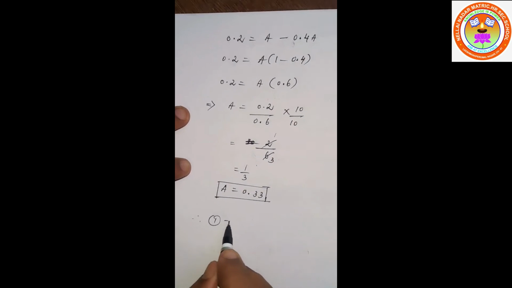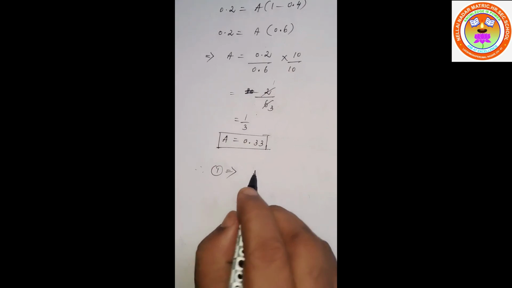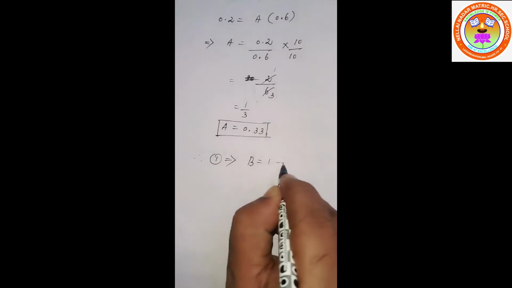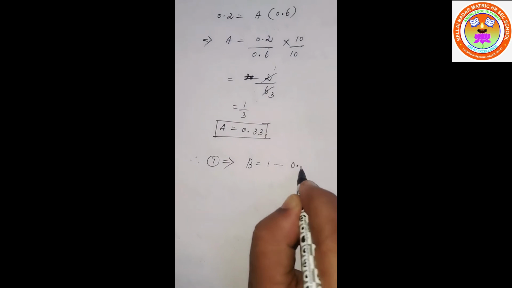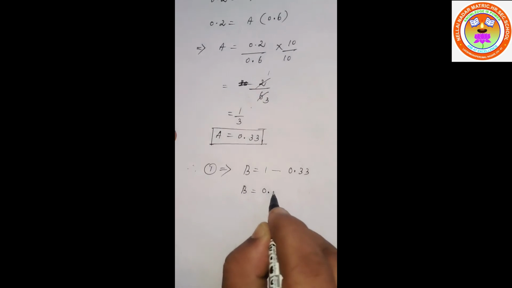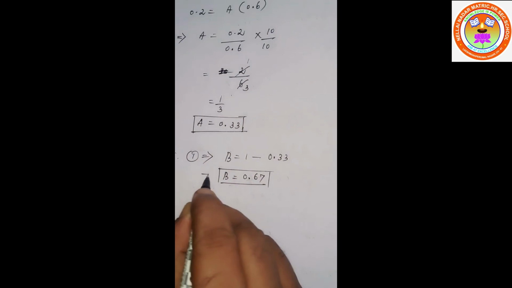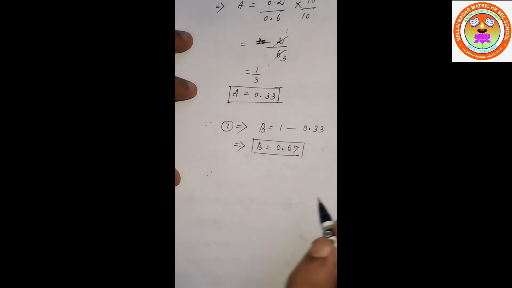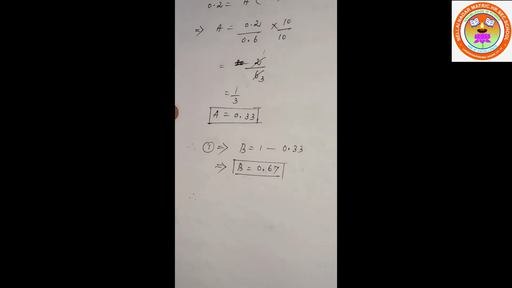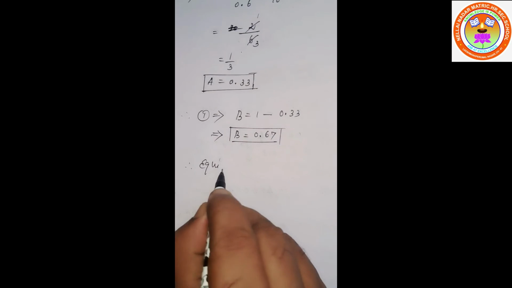So equation number 1 implies B equals 1 minus A. What is the value of A? 0.33. So 1 minus 0.33 is equal to 0.67. Therefore, finally we have to write the result.